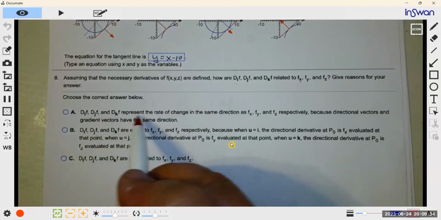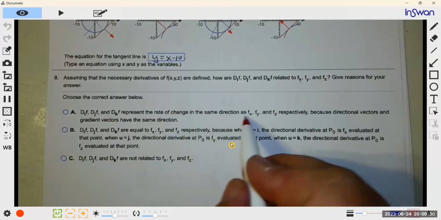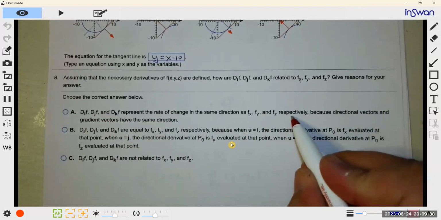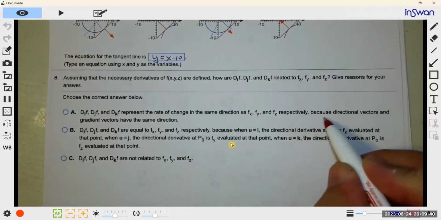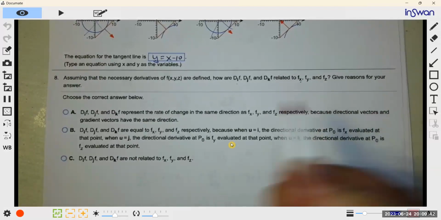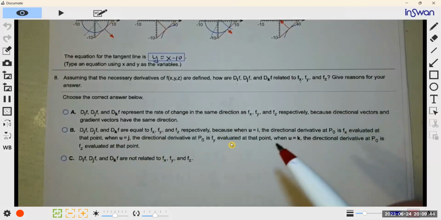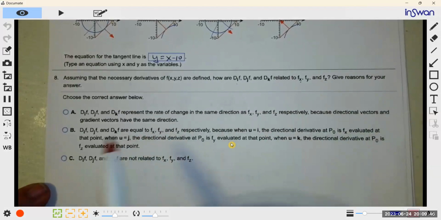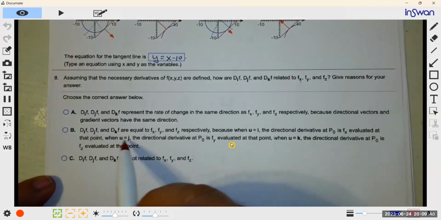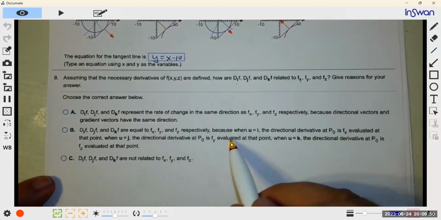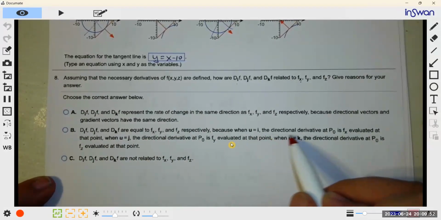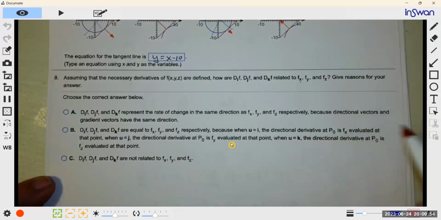They represent the rate of change in the same direction, respectively, because direction vectors and gradient vectors have the same direction. Okay, and that's that. They are equal respectively because when u equals i, the directional derivative at the point p sub 0 is f sub x.